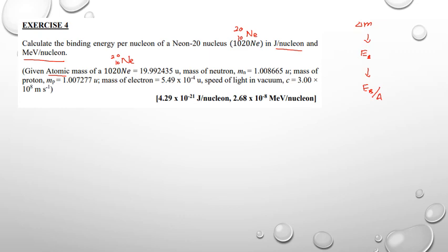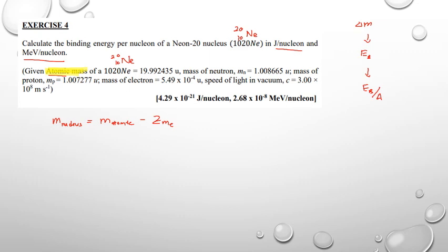Now be careful. In this question, you are not given the mass of a nucleus, but you are given the atomic mass of neon. So what are you going to do? Let's calculate the mass of the nucleus first. The mass of a nucleus, M nucleus, equals M atomic minus ZME.